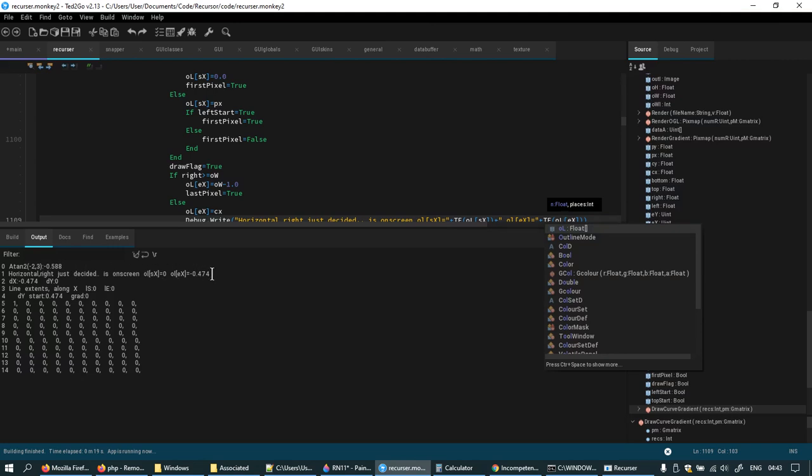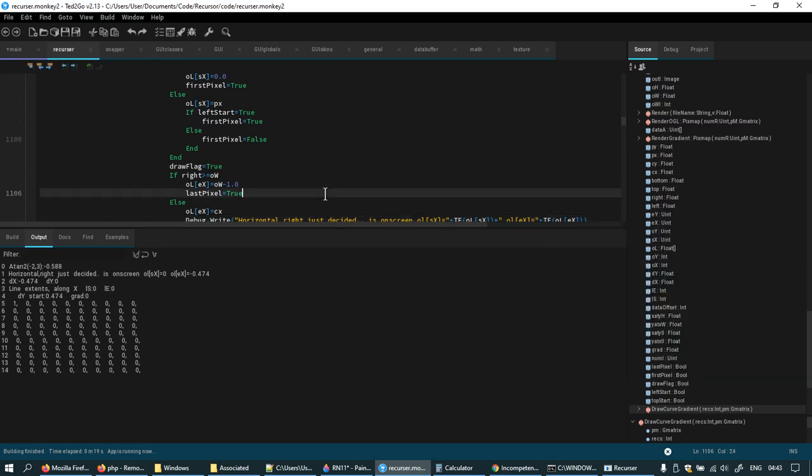Okay. Output line end X is minus 4.74. Well, that makes sense. I mean, that's what it came to.